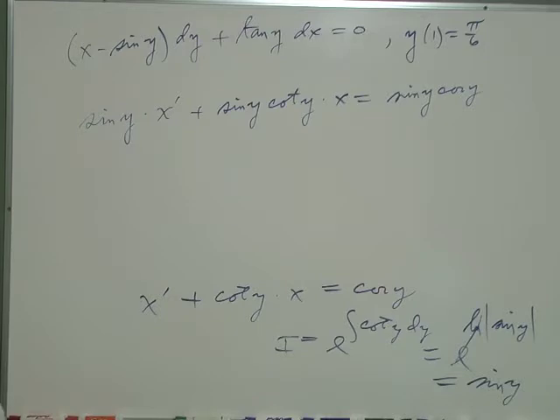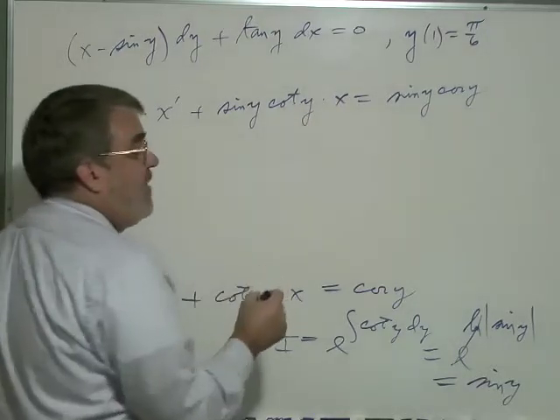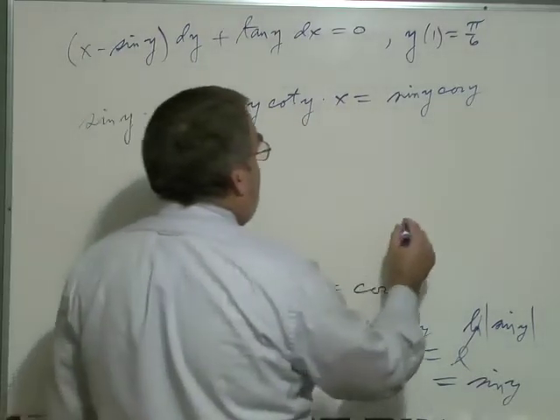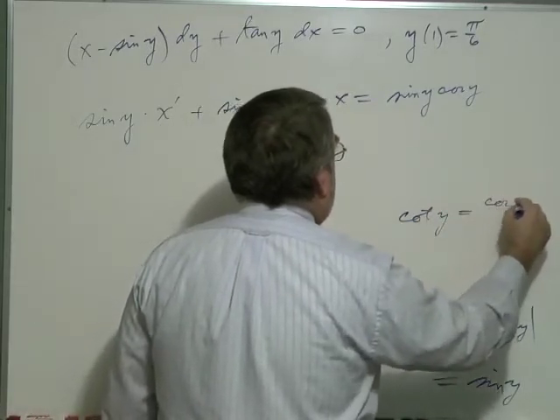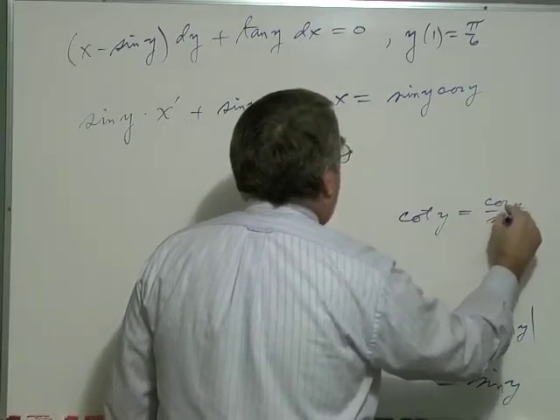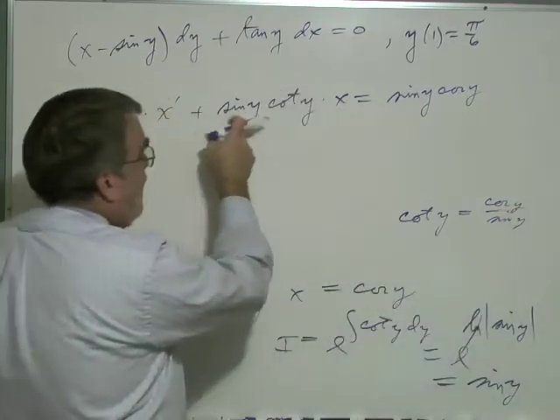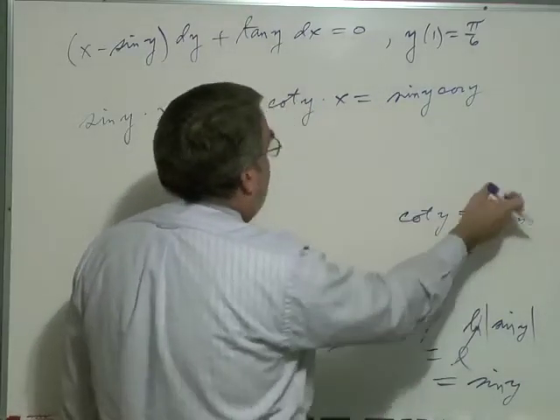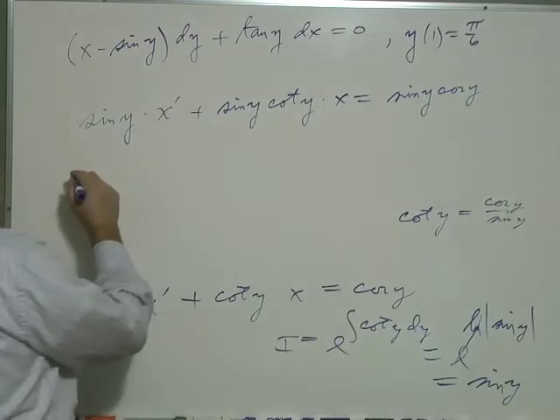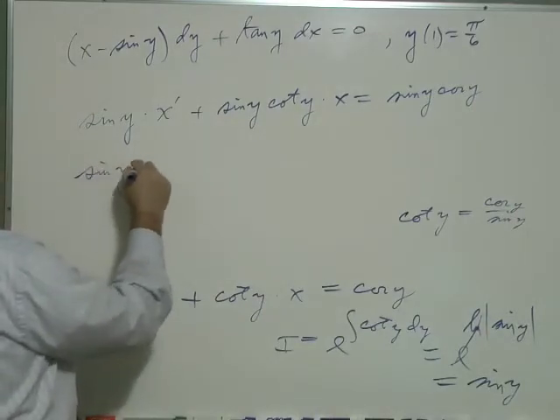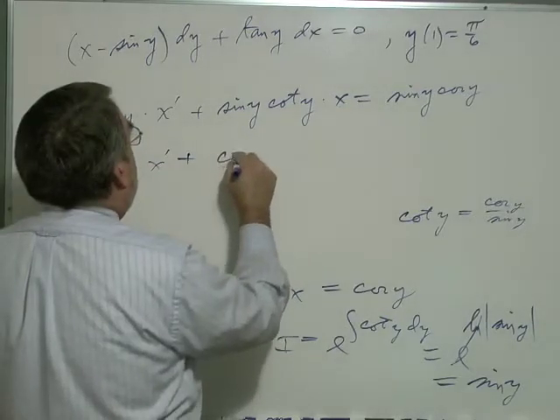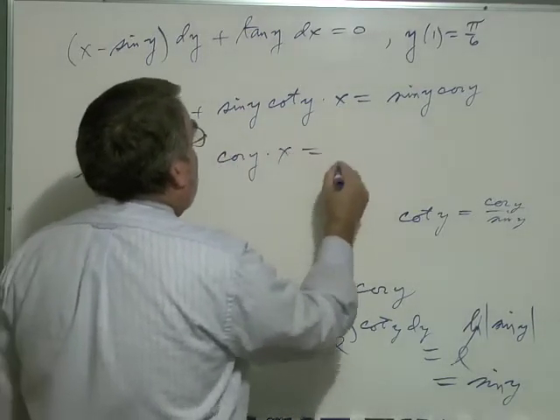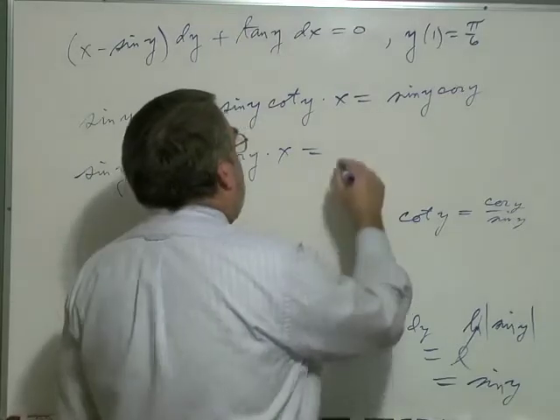Right, well, cotangent is cosine over sine. So when I multiply by sine, the sines cancel, leaving cosine. So I end up with sine y times x prime plus cosine y times x equals sine y cosine y.